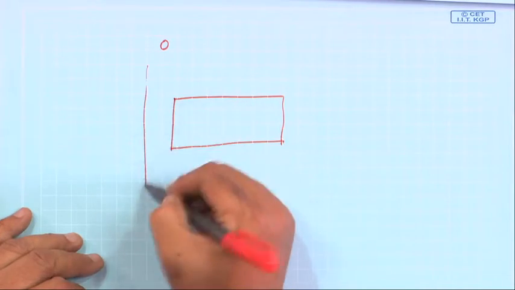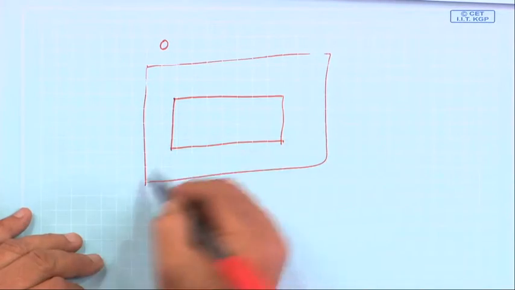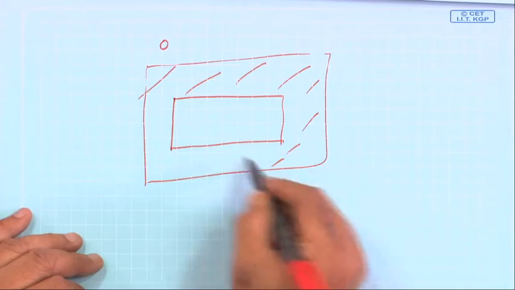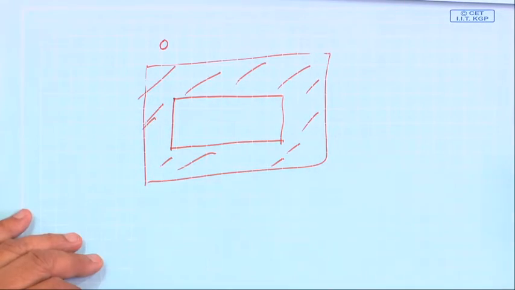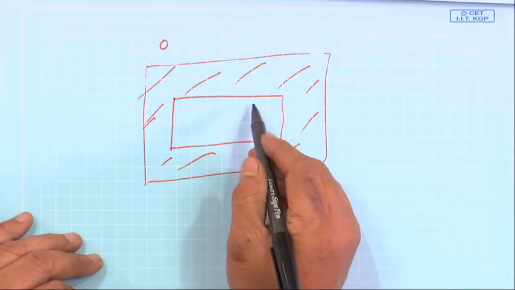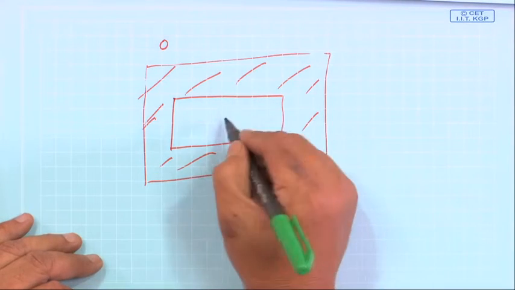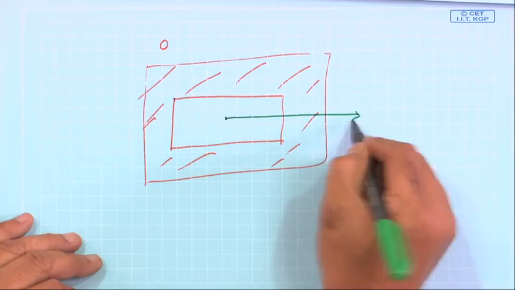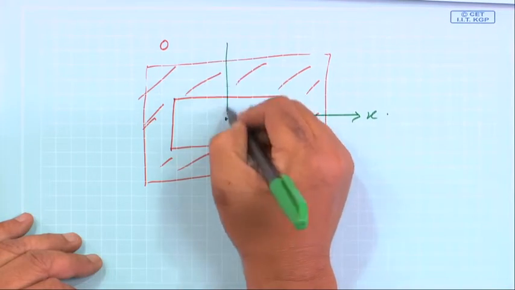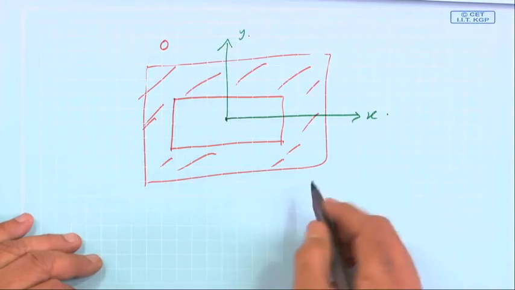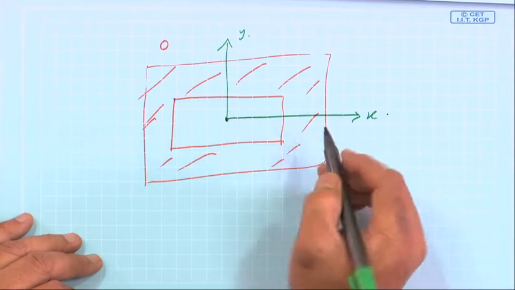on a ground plane. So, this is the ground plane, and here the only difference is that instead of uniform illumination, this is my x axis, this is my y axis, this is the center.